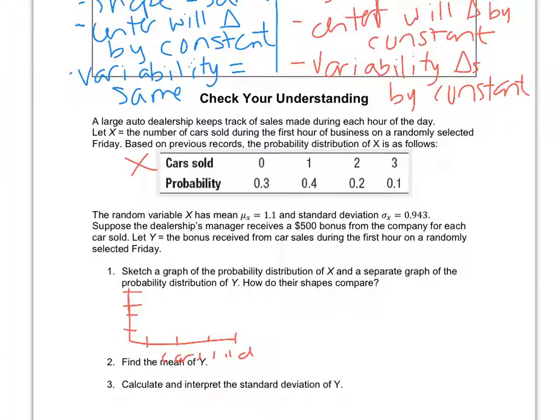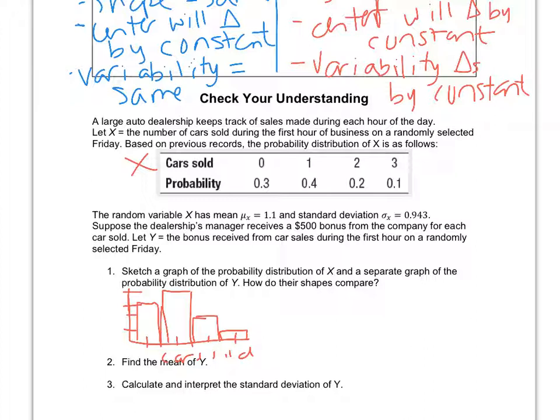And so 0 is a 0.3. 1 car is a 0.4. 2 cars is a 0.2. And 3 cars is a 0.1. Okay, so that's a graph of the cars sold of X.